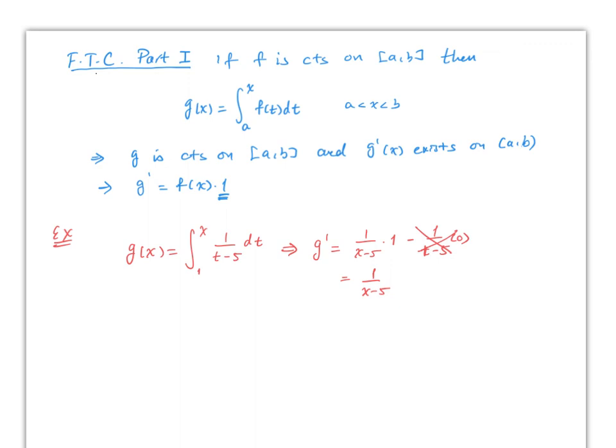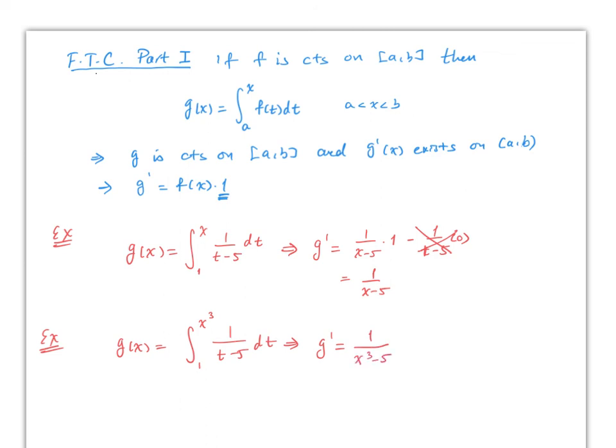Okay, so notice how this changes if g of x was equal to the integral from 1 to x cubed instead, of 1 over t minus phi dt, then g prime is going to be 1 over x cubed minus phi.